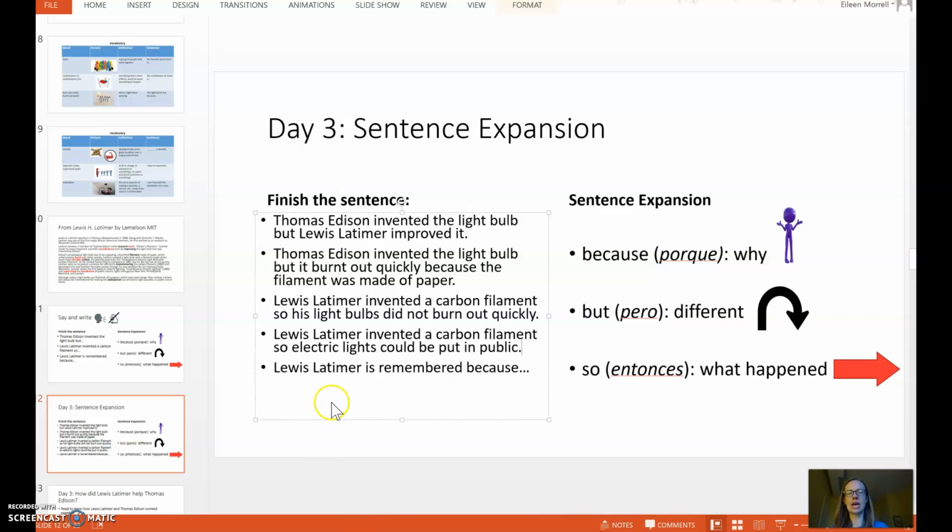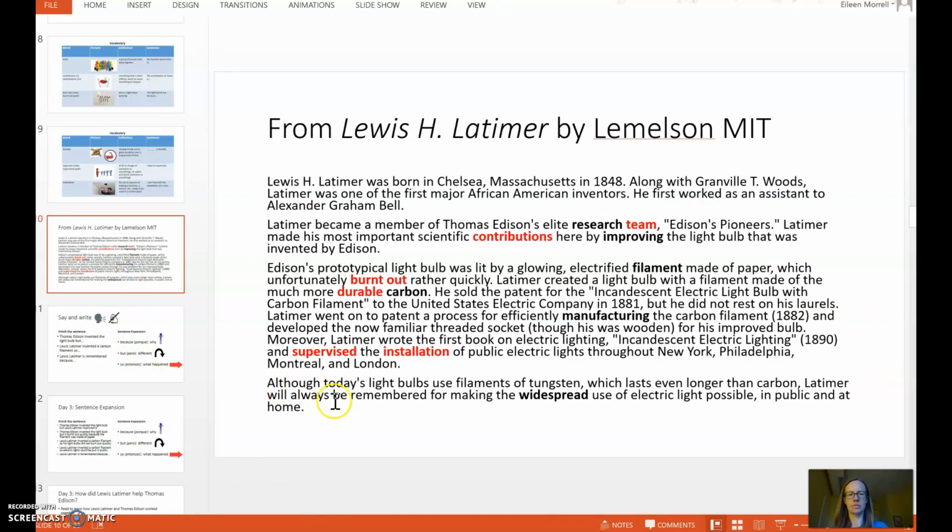All right, let's do the last one. Lewis Latimer is remembered because. Because you have to explain why. Why is Lewis Latimer remembered? Oh, I remember this part of the text. Latimer will always be remembered for making the widespread use of electric light possible in public and at home.